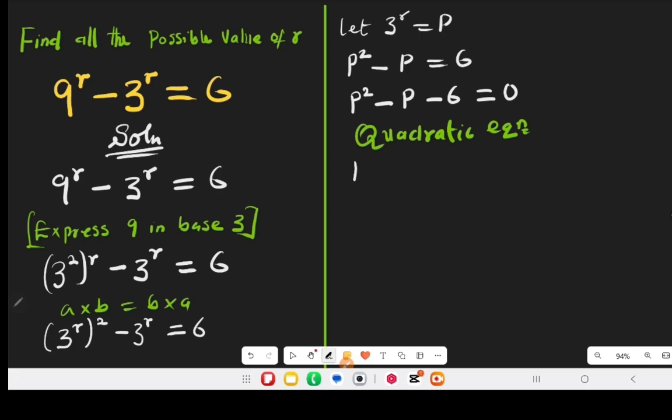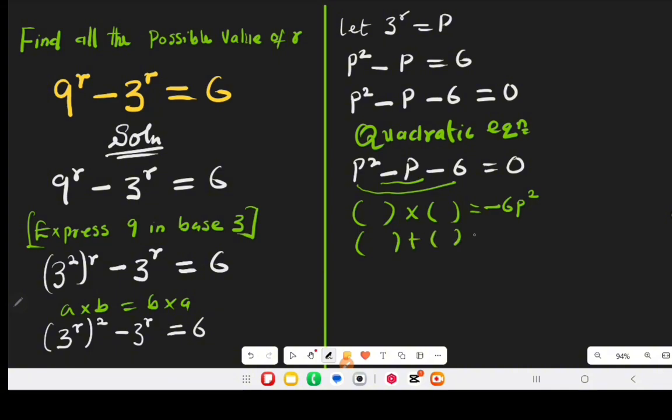What we do, we write p squared minus p minus 6 equals 0. Now let's look for two numbers that, when we multiply them, will give us minus 6p squared, and that same pair of numbers, when we add them, will give us minus p.